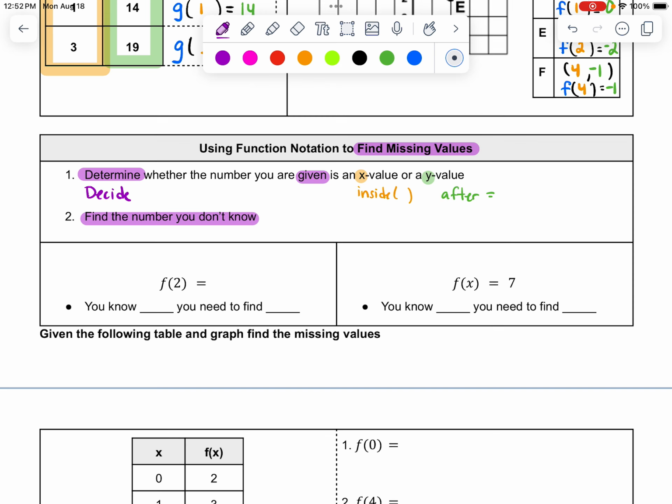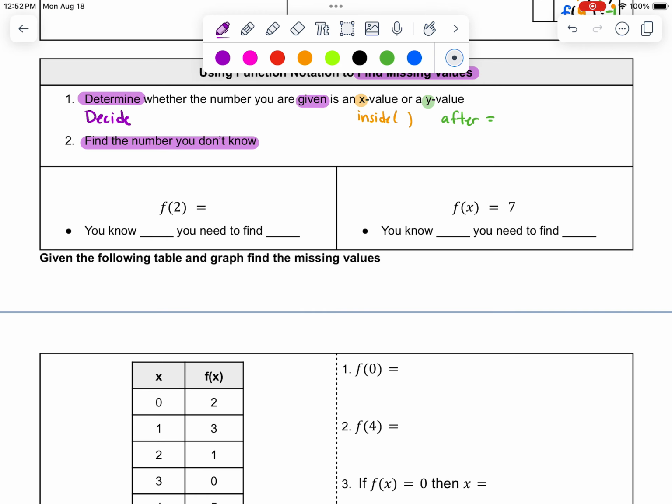So for example, in this first example, we know the x because it's inside the parentheses. What we're trying to figure out is the y. For the second example here, we know the y because it's after the equal sign. So what we're trying to figure out here is the x.